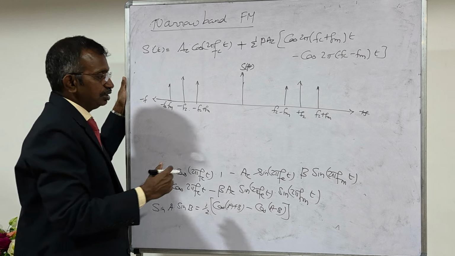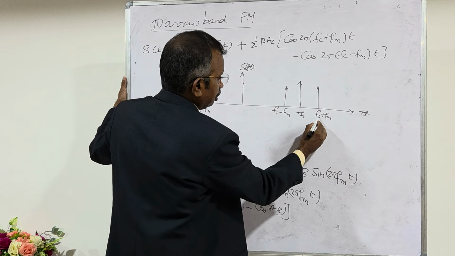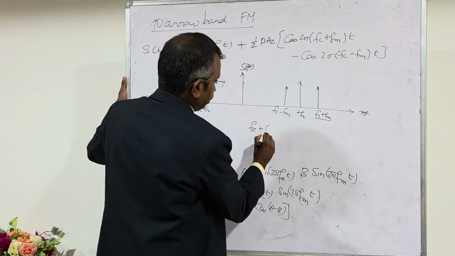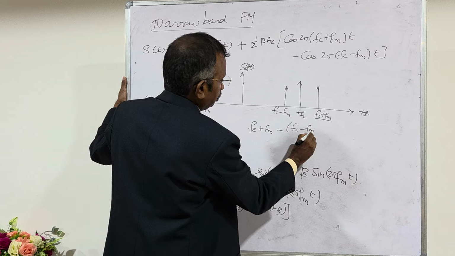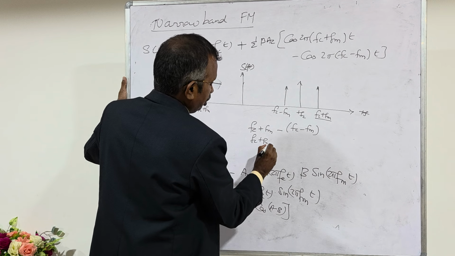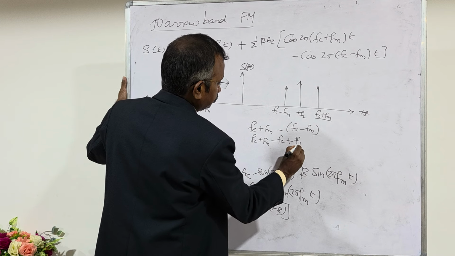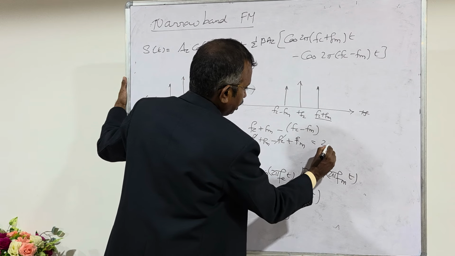The bandwidth of the signal will be the highest frequency, fc plus fm, minus the lowest, fc minus fm. So fc and fc will get cancelled, so that I have 2 fm.